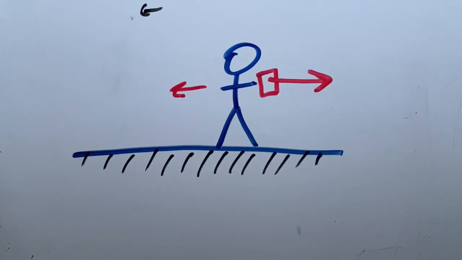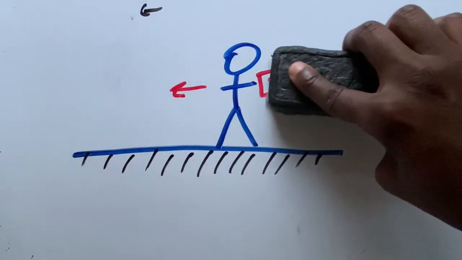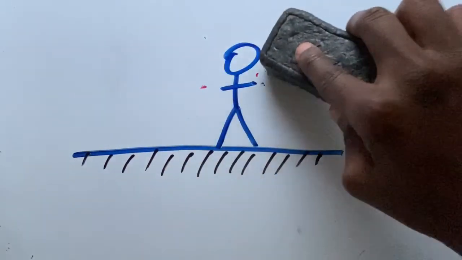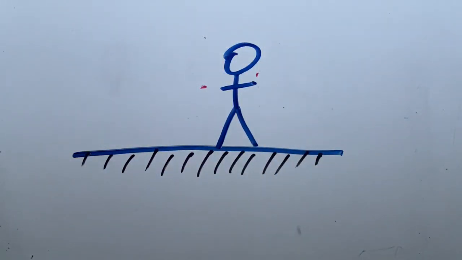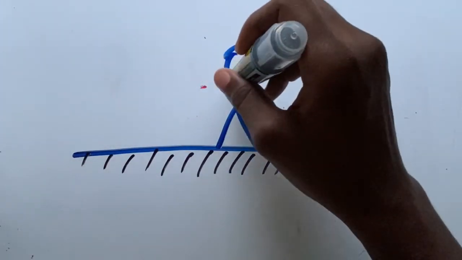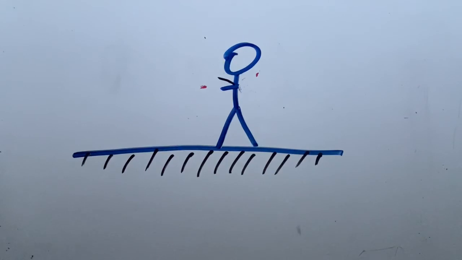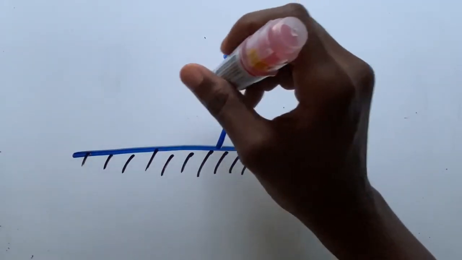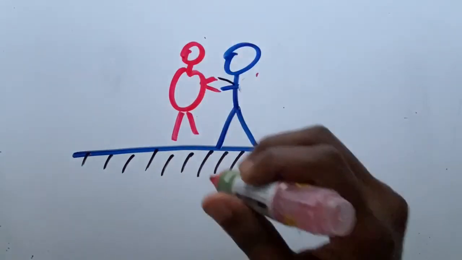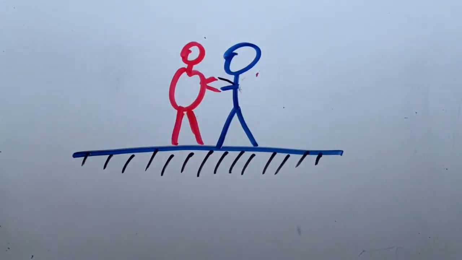So now let's do one more scenario, kind of like this. Let's say there's another guy here. I'll do him in red. That's the other guy.